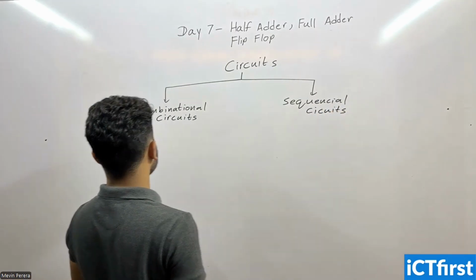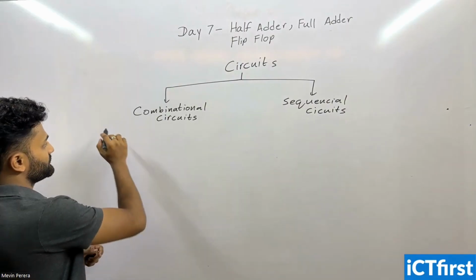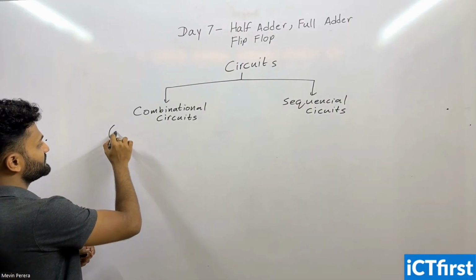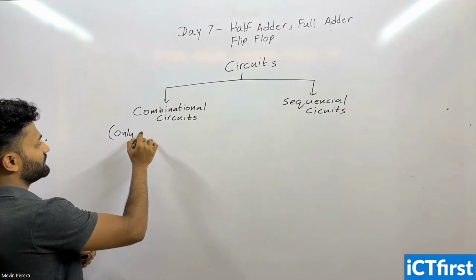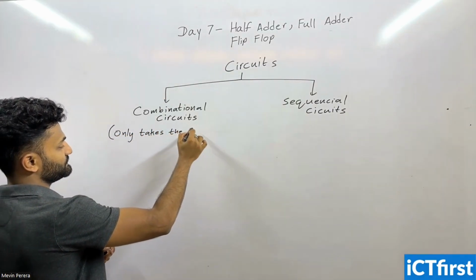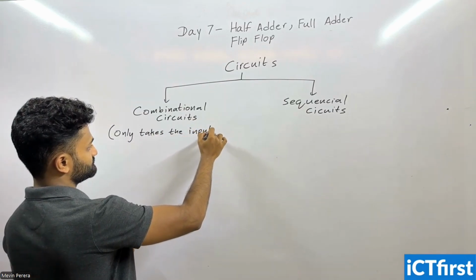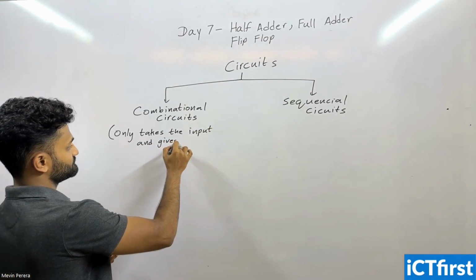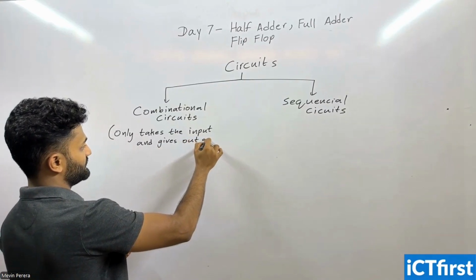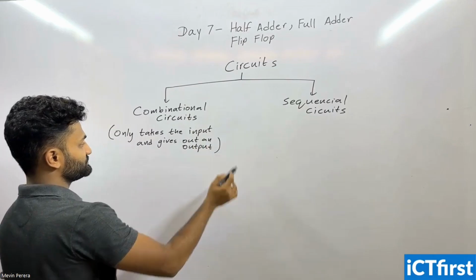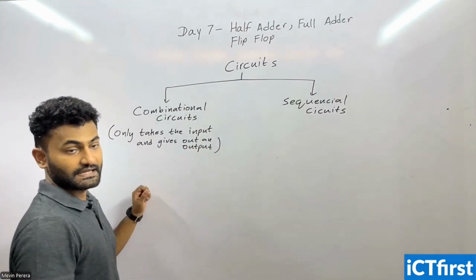What is the difference between these two? Combinational circuits only take the input and give out an output, so the output depends only on the inputs.